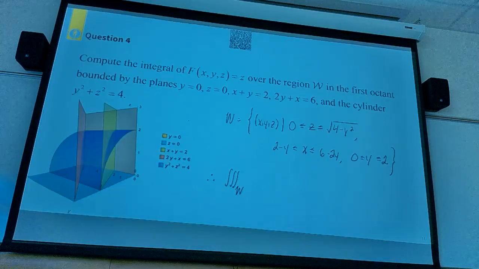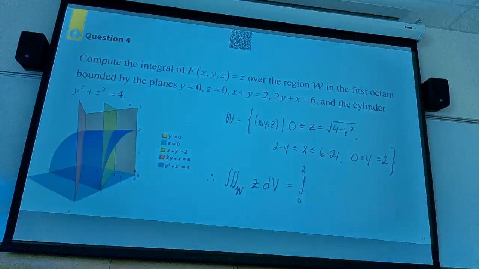So we wanted to integrate over the region W the function Z, right? So that is the integral we're looking for. The way that I have it written, we're doing the Y last.